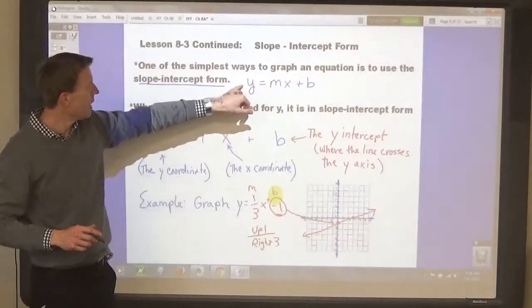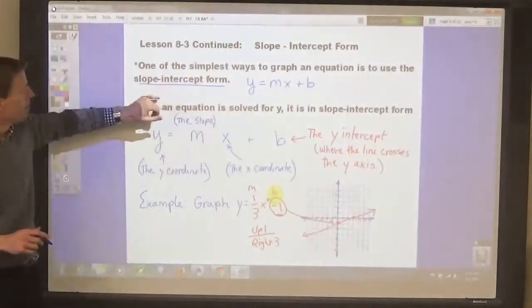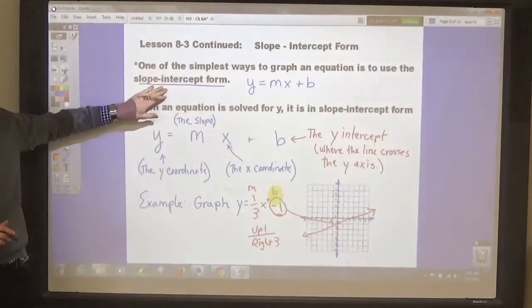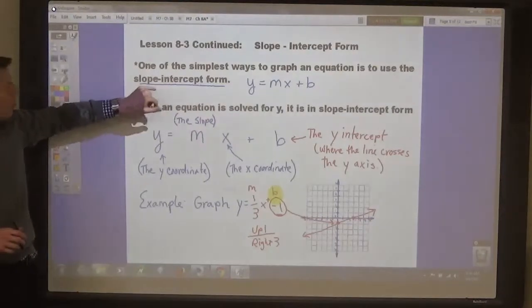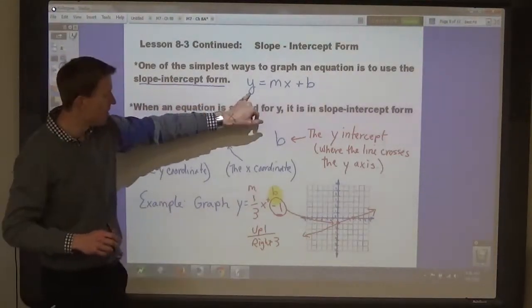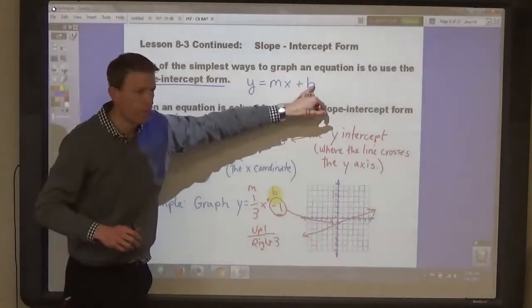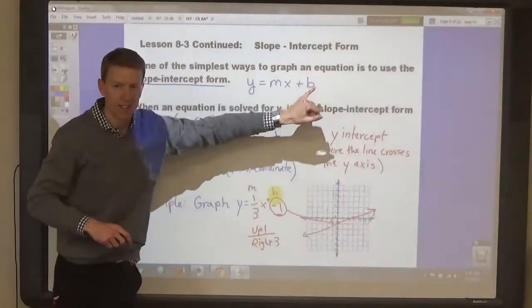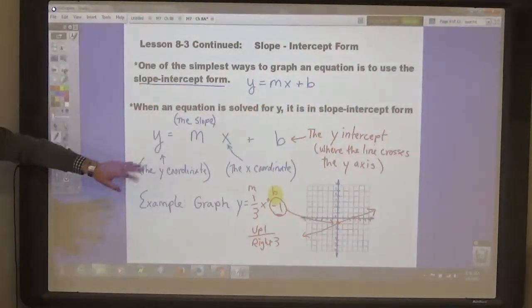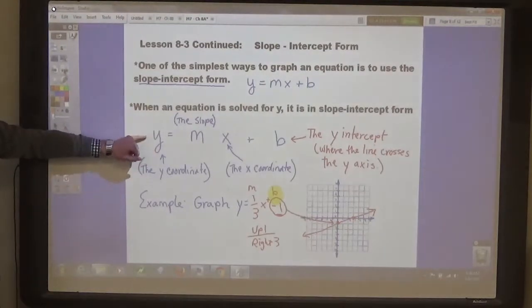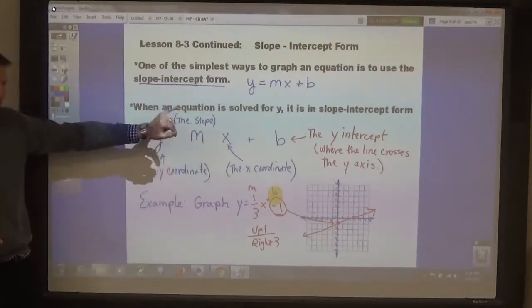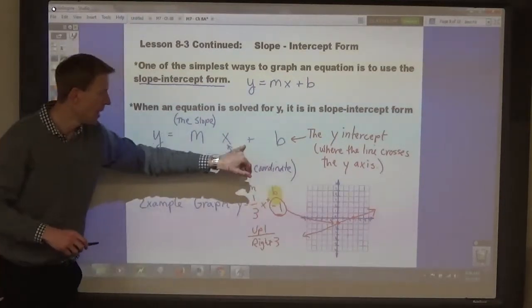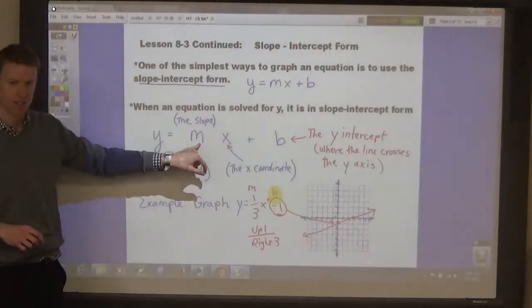Alright? Y equals mx plus b is called the slope-intercept form of an equation. The slope-intercept form is y equals mx plus b. Is everybody clear on that? So, when you have an equation in this form where it's solved for a variable, like y, then we know that these letters stand for something.